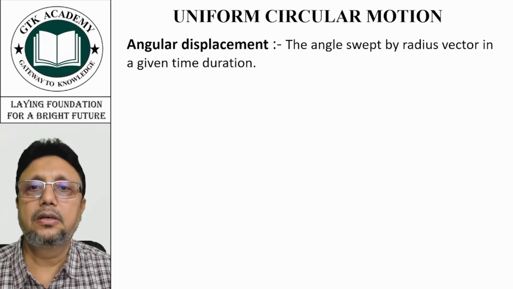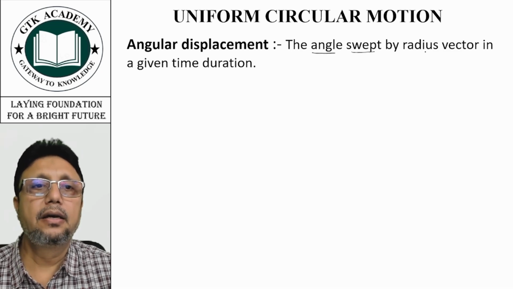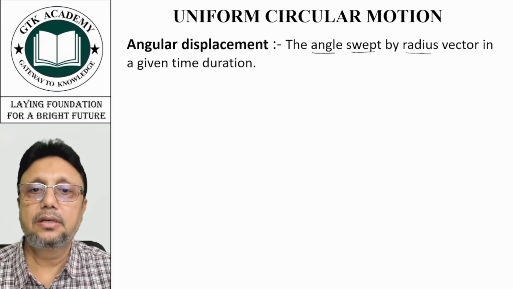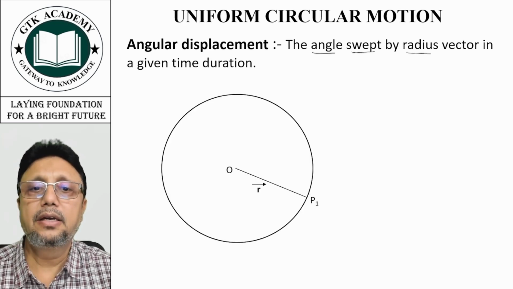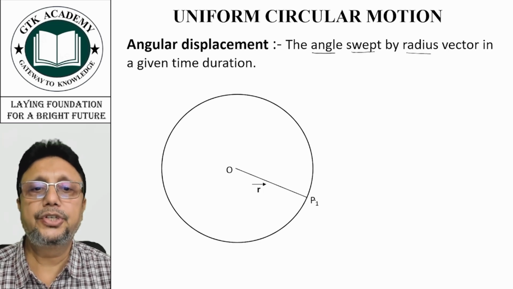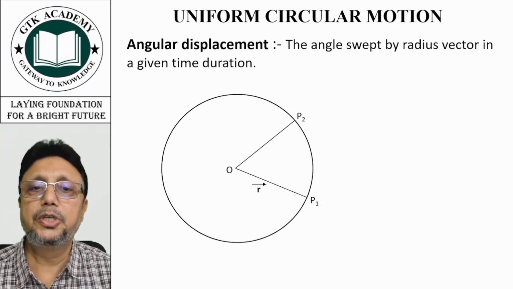Angular displacement. Now what is angular displacement? The angle swept by the radius vector in a given time duration. Suppose a body is performing circular motion and its position is P1 and its radius vector is R. After some time, its position becomes P2.